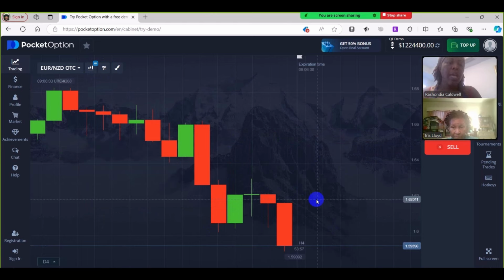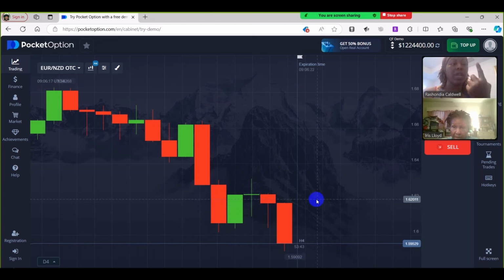So every time the candle does a pullback, what is it doing? If it's a red candle and it's doing a pullback, where is it going? If it's going down and it's doing a pullback, it's going up.